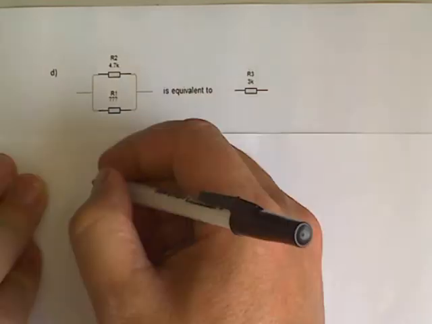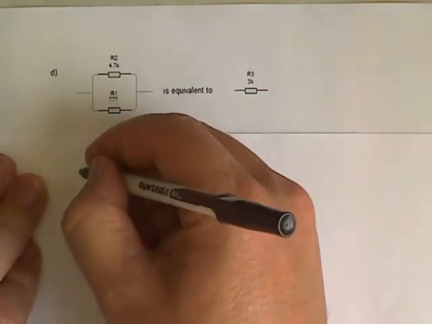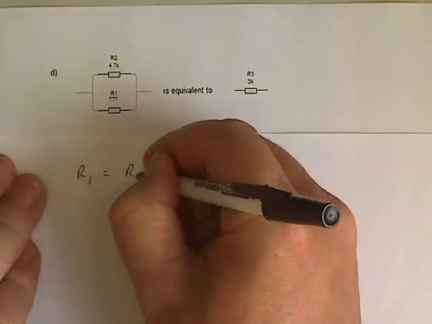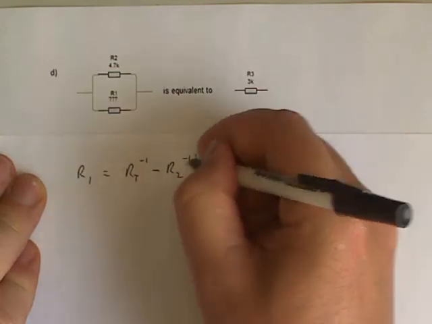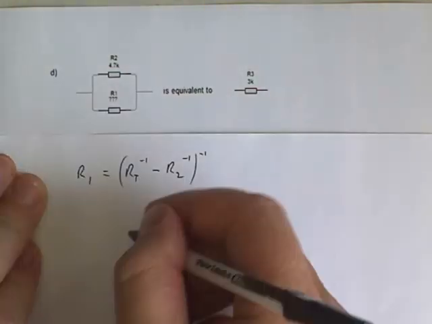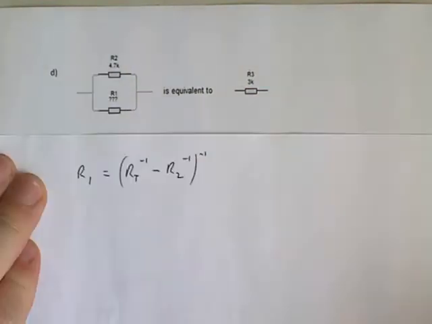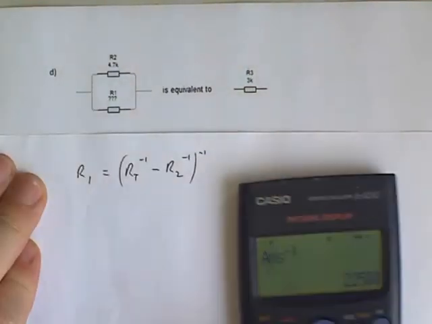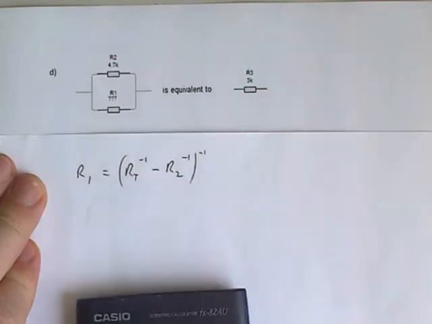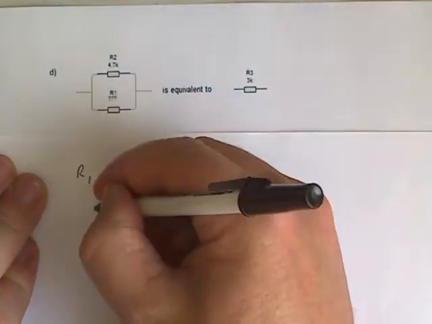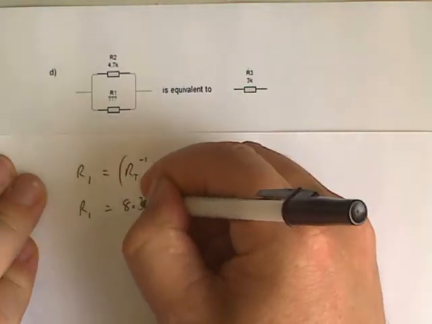So I'm going to use the same formula, so R1 is equal to RT reciprocal minus R2 reciprocal. So again, working in K, I've got 3 reciprocal minus 4.7 reciprocal equals, take the reciprocal and convert to decimal, 8.3k. So R1 equals 8.3k.